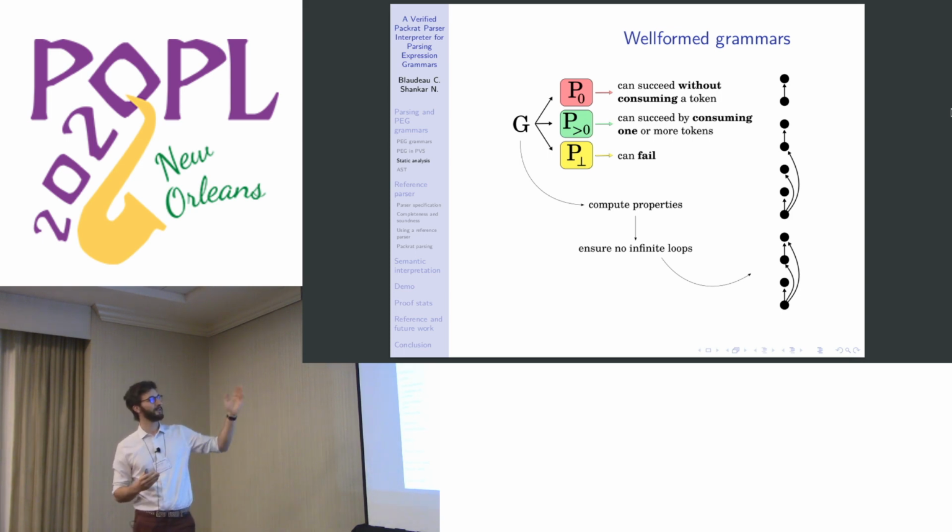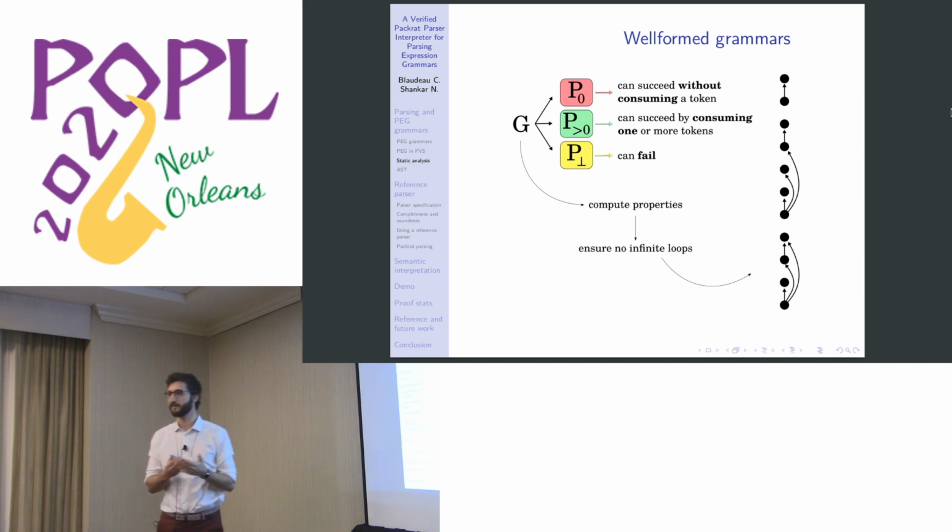And then you have success with consumption of tokens. That's really okay, don't worry about this one, because you're sure you're going to terminate. And you have the can-fail property. Actually, you need all three to be able to compute the dangerous one, which is the P0 property.